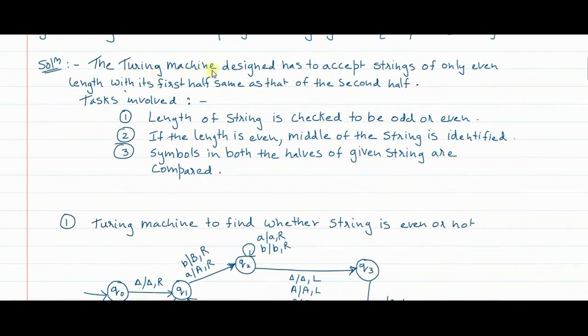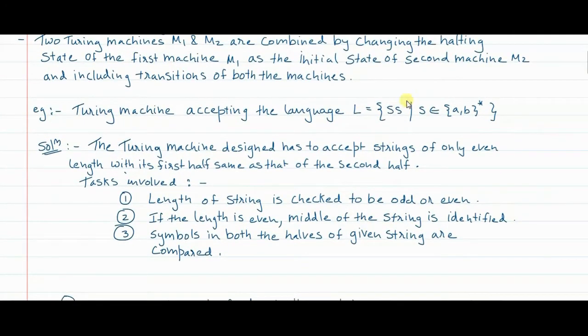Now the Turing machine designed here has to accept strings of only even length. Why? Because when I say SS, if S is even, then even into even will be even. If S is odd, then odd into odd, again it will be even.